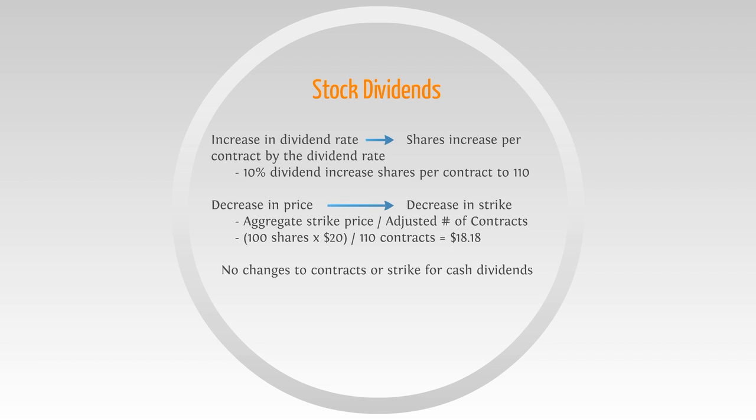We're going to decrease the price, not just the market price, but the strike price of the option will change as well. And for cash dividends, there's no change. That's just money being distributed out to shareholders, so that's not going to affect the number of shares or the strike price at all.